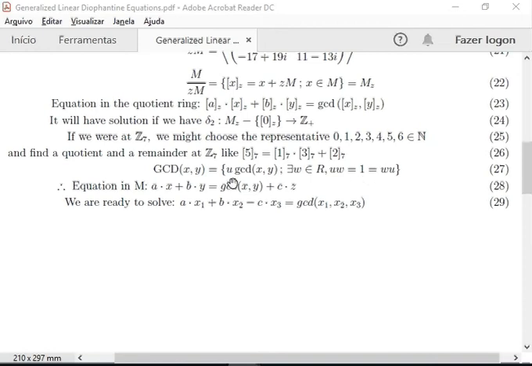U is a number such that there exists W in R such that the product UW equals 1, which equals W times U. So they are inverses. W is the inverse of U.